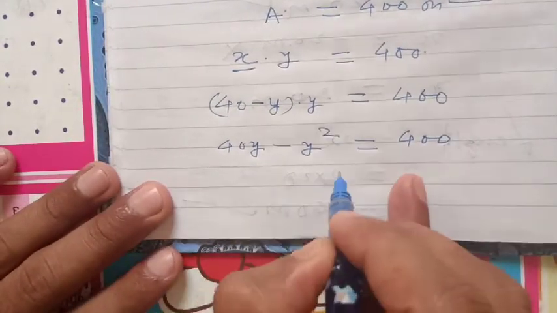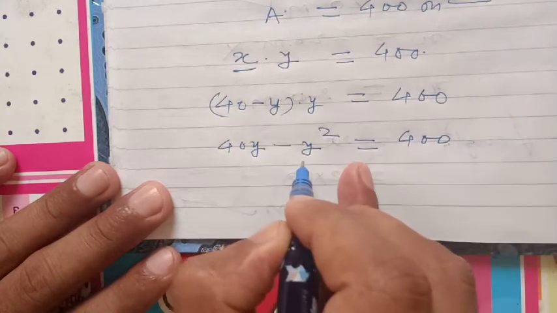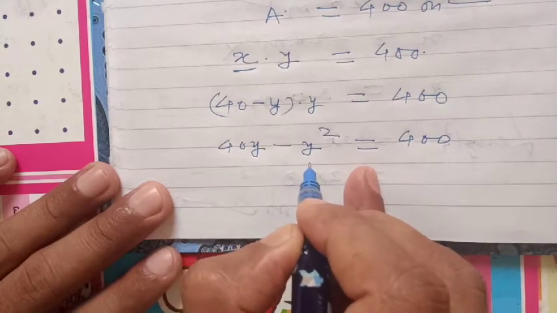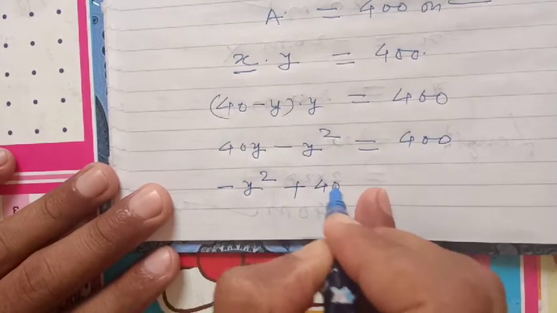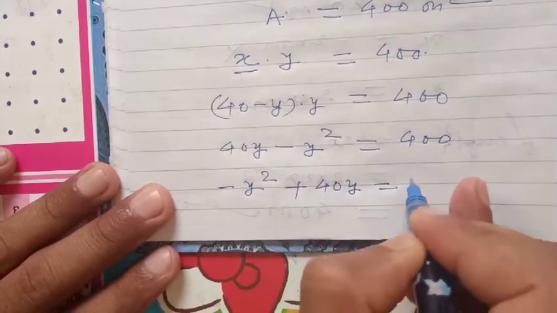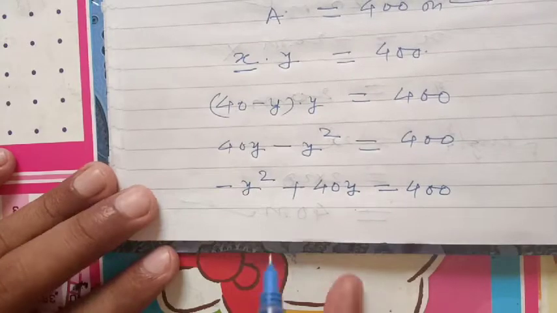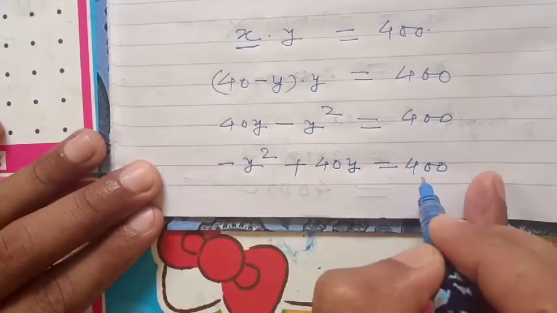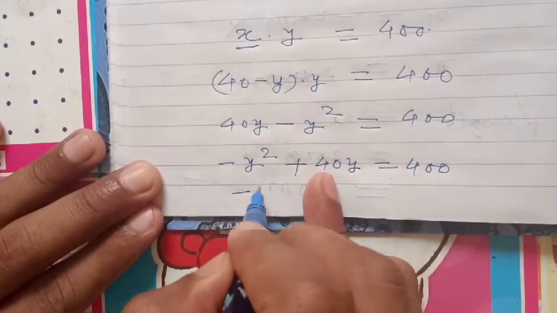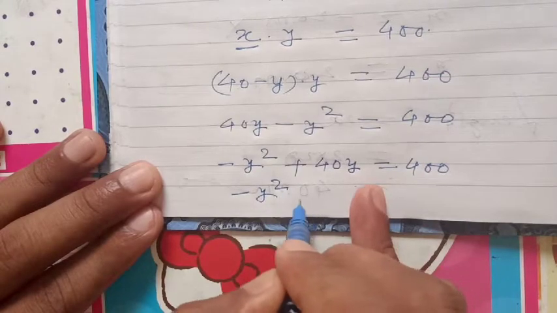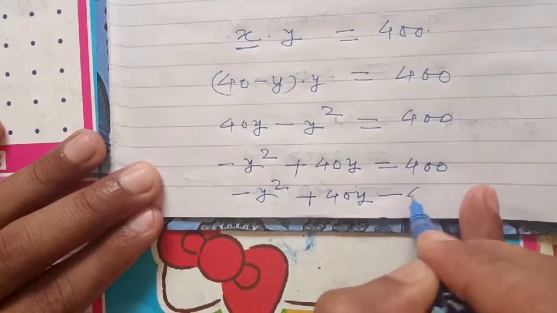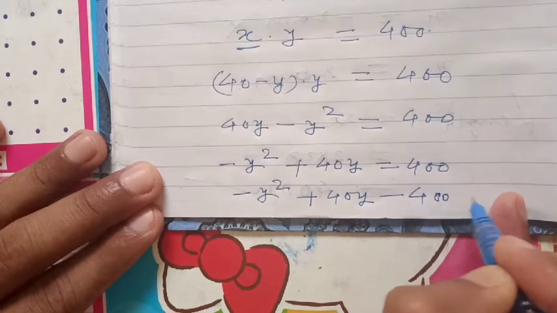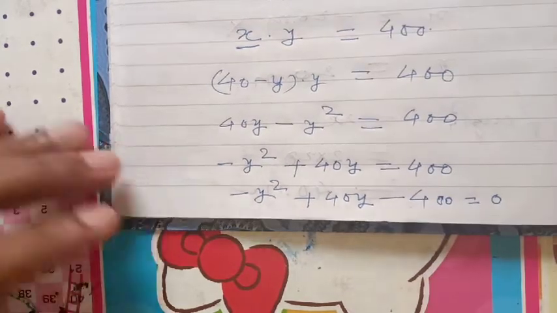And you should rearrange in the ascending form of the power: minus y square plus 40y is equal to 400. And you can shift 400 here. So minus y square plus 40y minus 400 is equal to 0.